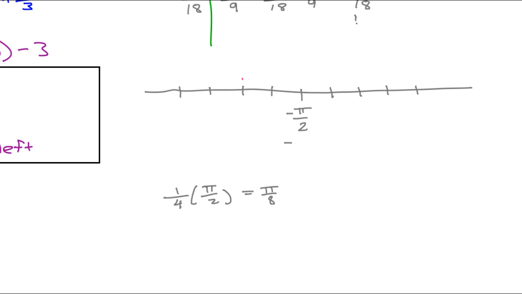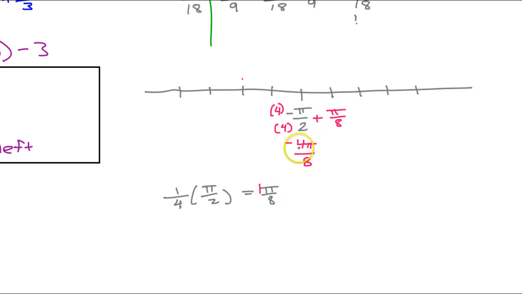Okay, so here I have negative pi over 2. Now if I want to add pi over 8, I need like denominators, so that's why I'm going to multiply this by 4. And that's going to give me negative 4 pi over 8. So that's what I'm going to start with, and then I'm going to add basically 1 pi over 8 to that over and over again.